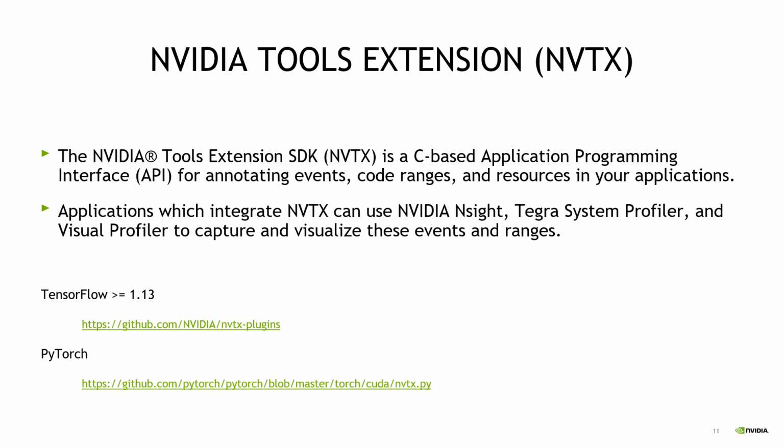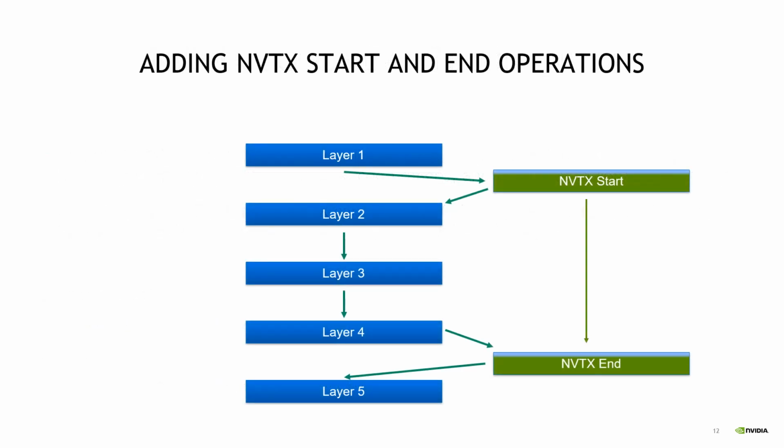So this library is integrated within TensorFlow and PyTorch, and you can use this to identify code ranges or specific kernels in your application that might cause the problem. Let's imagine that you have an application that is organized across different layers.